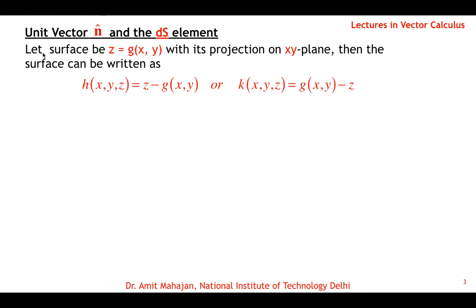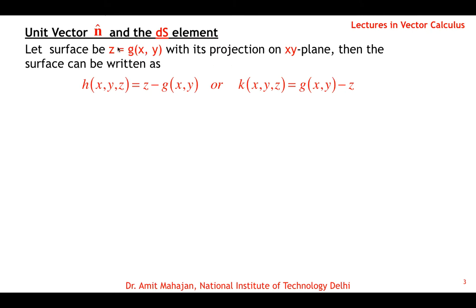If you are given a surface z equal to g of x y, and say we are going to take the projection on the xy plane, so the dS element will be calculated from the xy plane. Similarly you can have a projection on any other plane, and similar results will come.